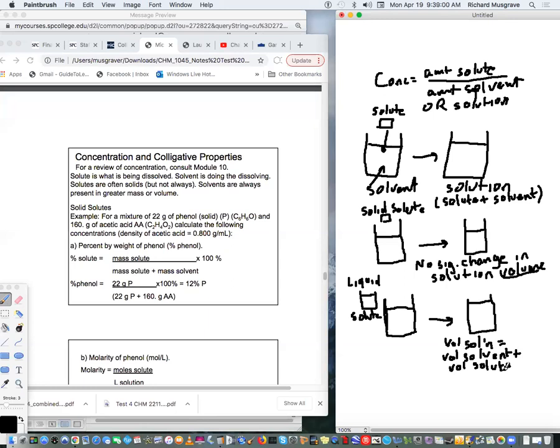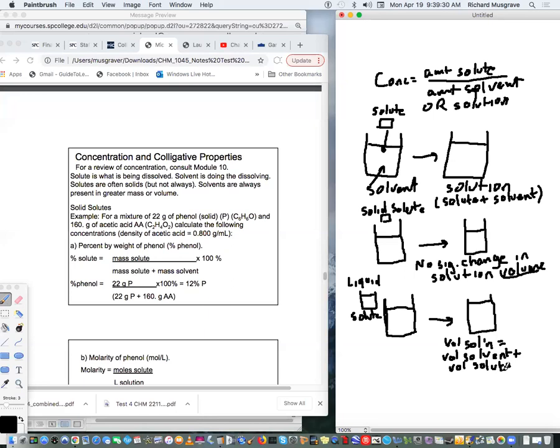So what we're going to do is I'm going to show you an example that is going to be 4 different kinds of concentration measurements and calculations. One will be done as a solid solute and the other one will be done as a liquid solute. What you'll see is that only molarity is the one that ends up being affected by this fact that we have a solid solute or a liquid solute.